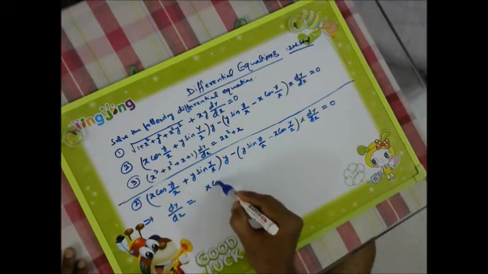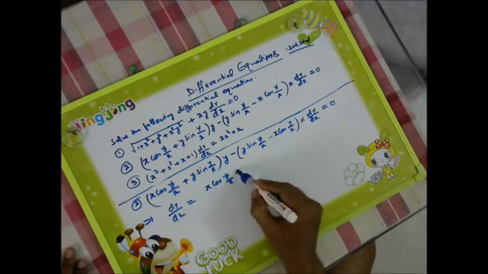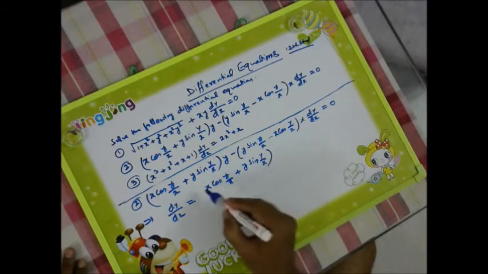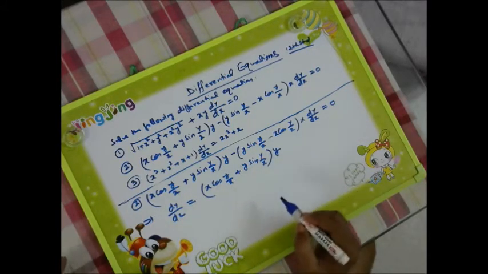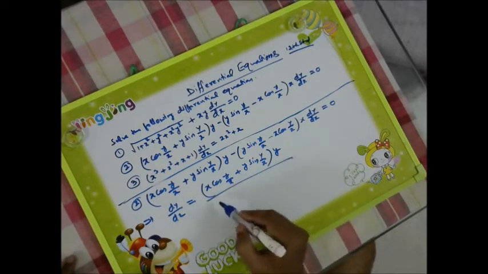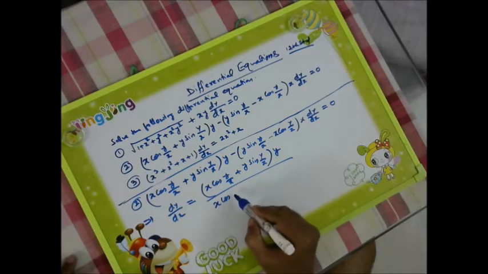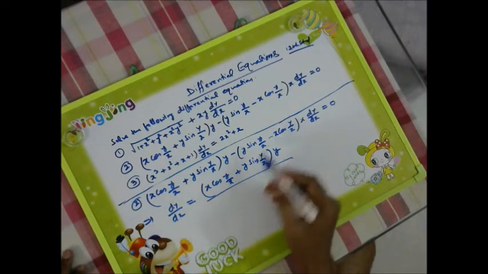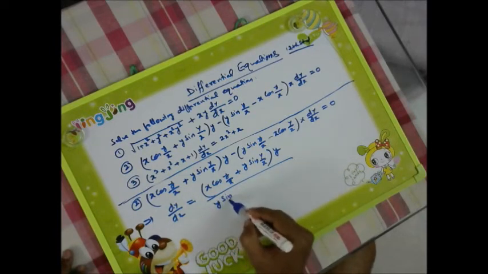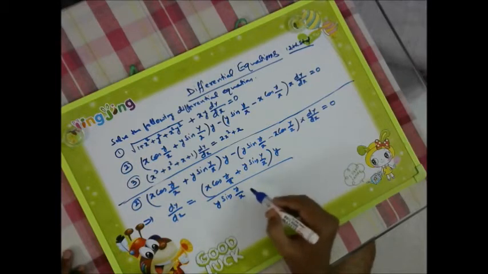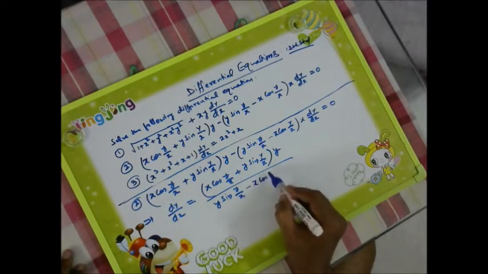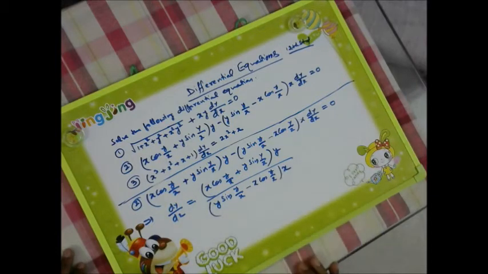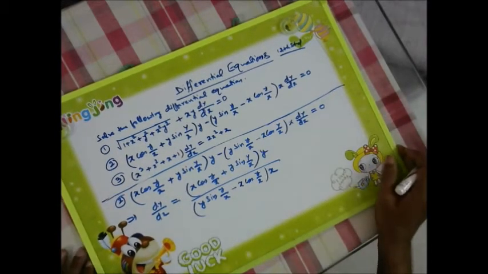So dy by dx is equal to x cos y by x plus y sine y by x, into y, divided by x cos y by x minus y sine y by x, into x.